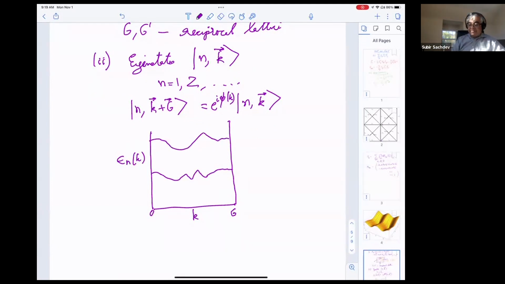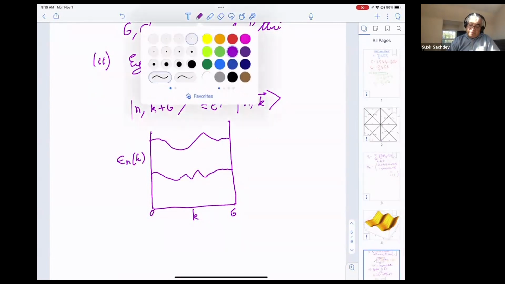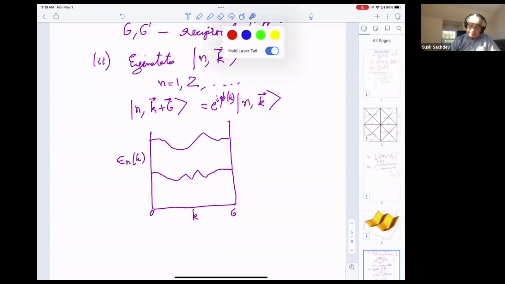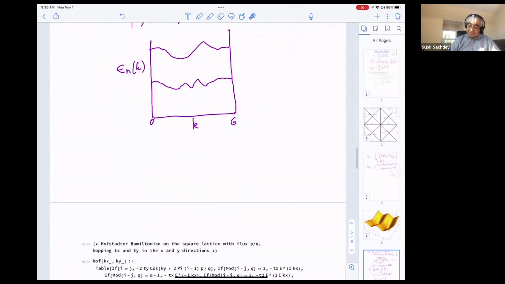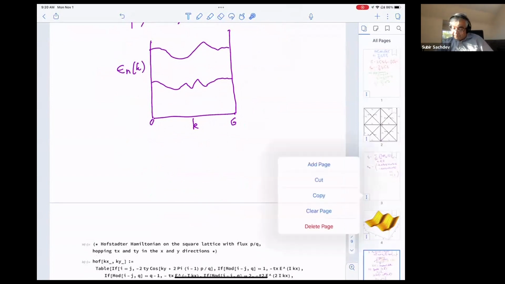It comes back to the same point, and so on. And the important point is that the bands don't close. So there's a whole bunch of bands, and there's always a gap between them. And they come back to themselves. The eigenvalues come back to themselves, but the eigenstates come back to themselves up to an overall phase factor. Okay, so under these conditions, we have a topological invariant.